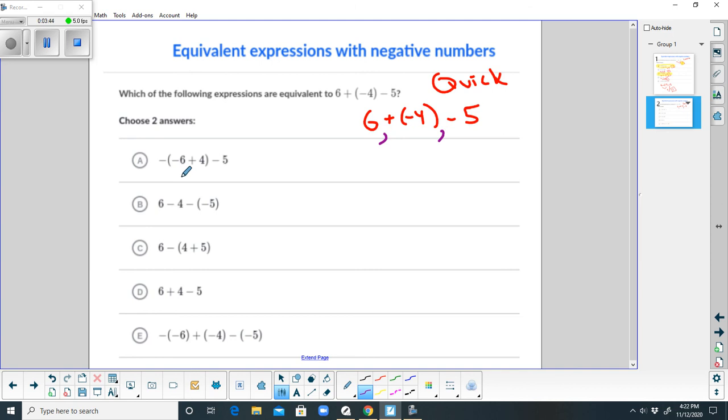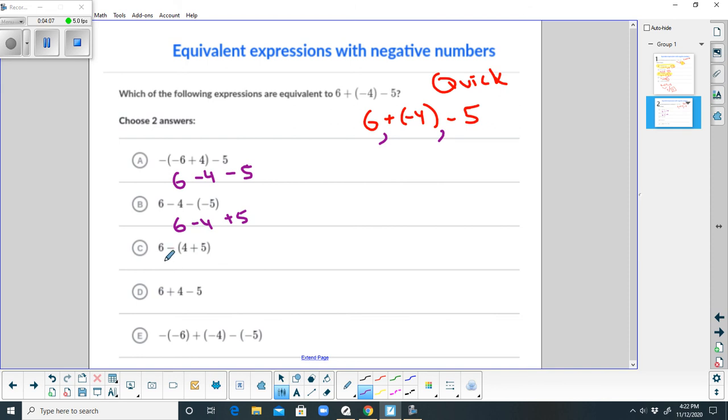So negative negative 6 becomes positive 6. Negative positive 4 is negative 4. Sorry, this negative just applies to the two numbers in the parentheses here, so minus 5 comes down. Here, I'm just going to write it as 6 minus 4, and this double negative 5 becomes plus 5.